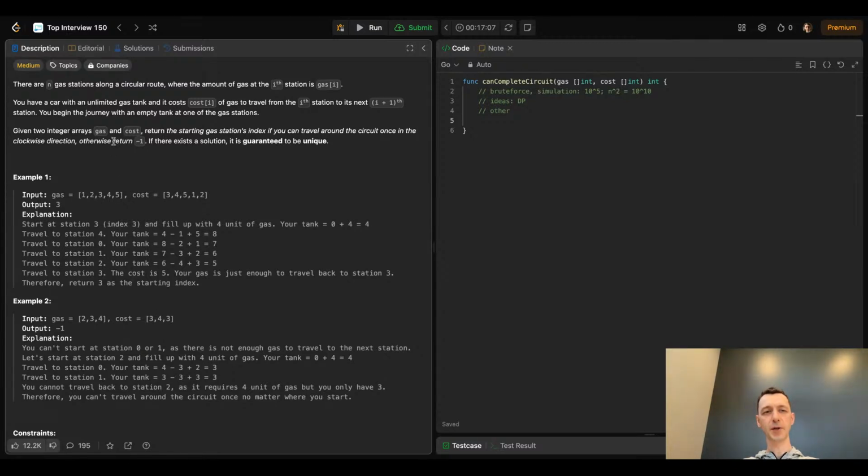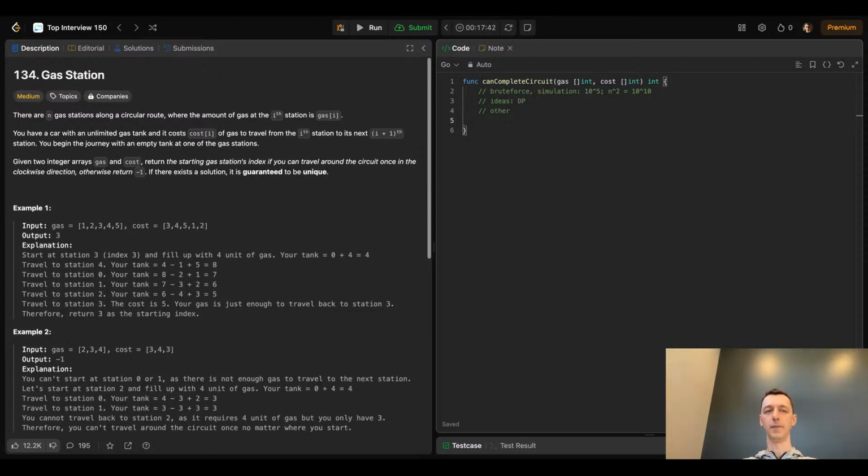So we can return -1 if, intuitively, it's overall net negative, because then you can't make the full circle, and we can easily count that in a linear operation.